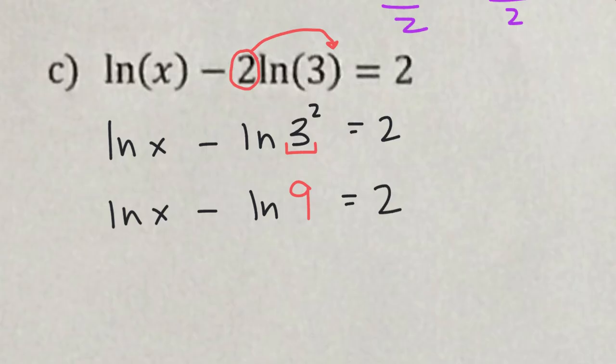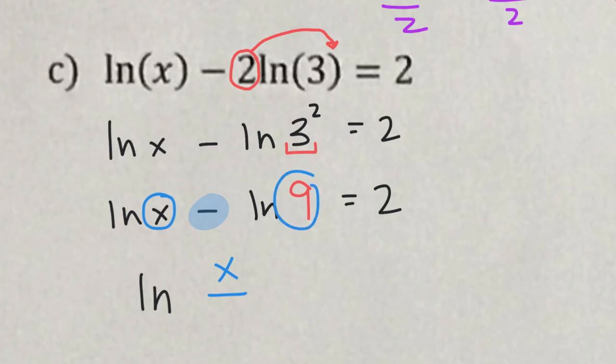Okay, so now I have natural log minus another natural log. And what does minus become when I combine these things? They become division. So this is the natural log of x divided by 9 equals 2. Okay?